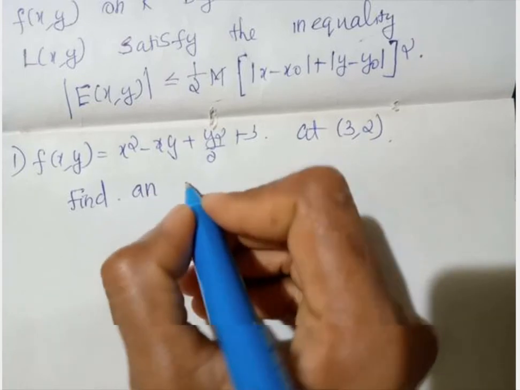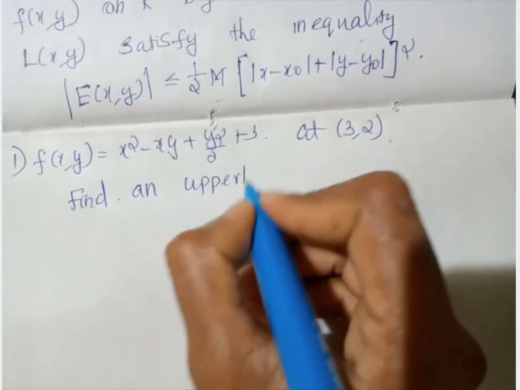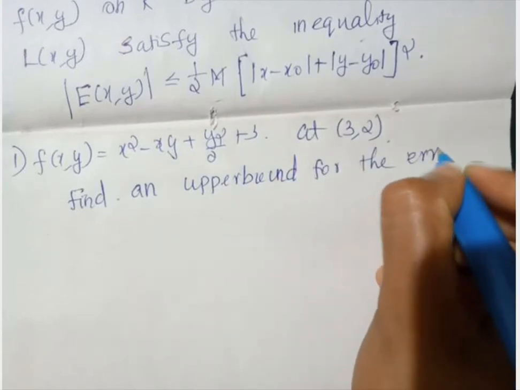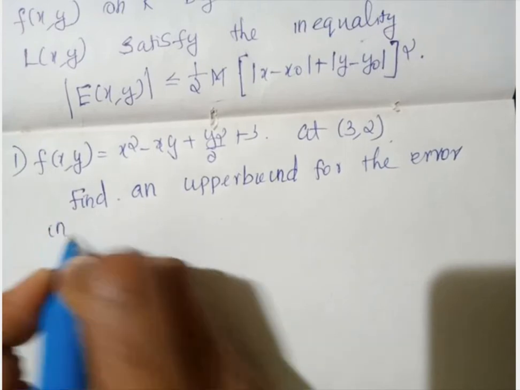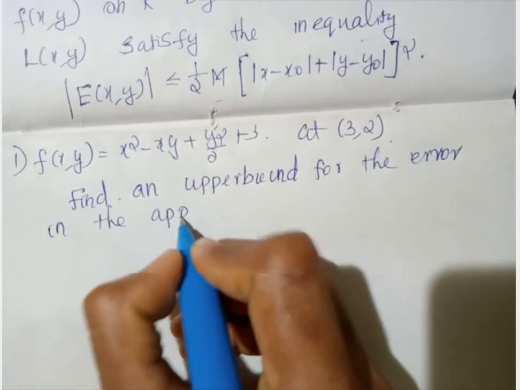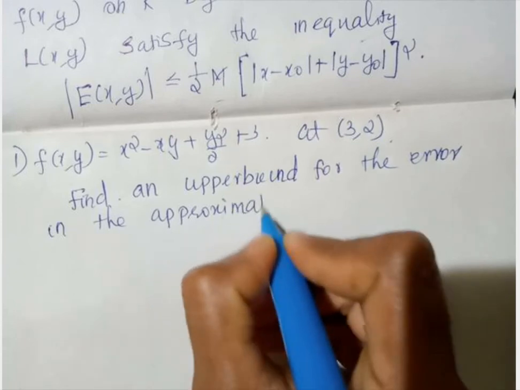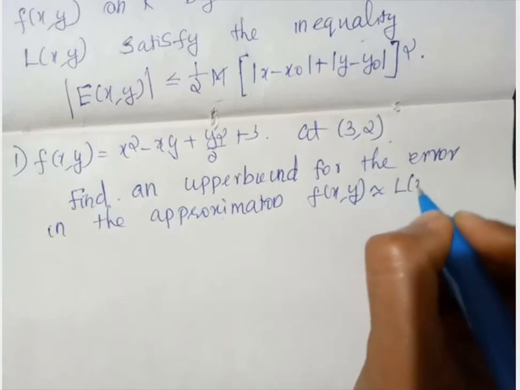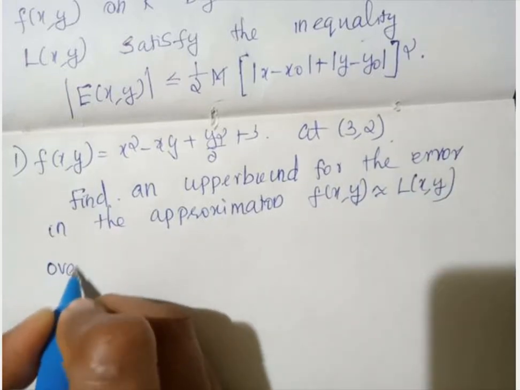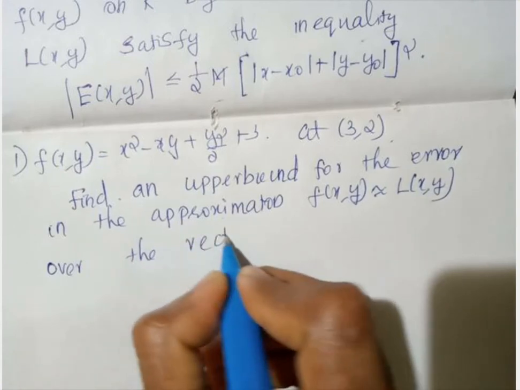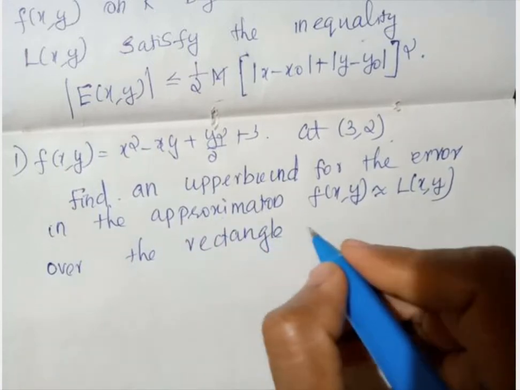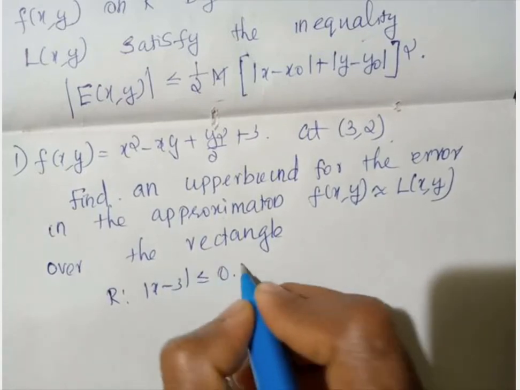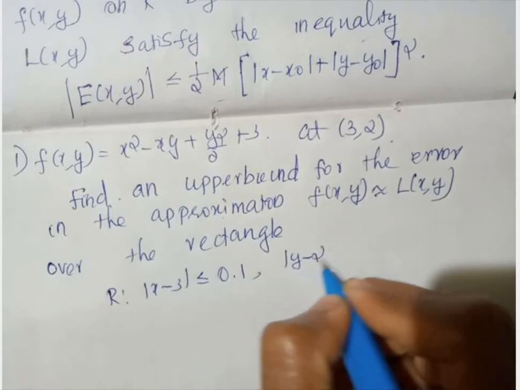Find an upper bound for the error in the approximation f of x, y equal to L of x, y over the rectangle R such that mod x minus 3 is less than or equal to 0.1, mod y minus 2 is less than or equal to 0.1.